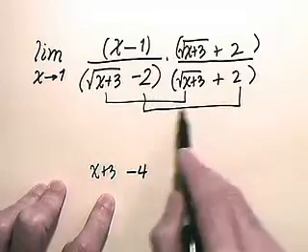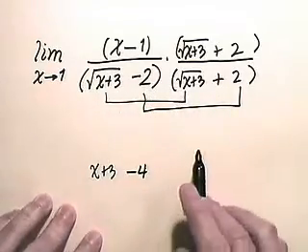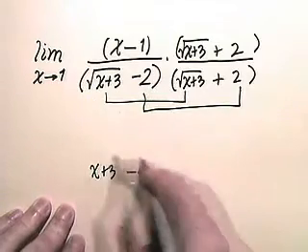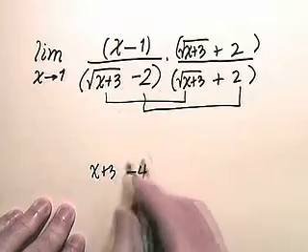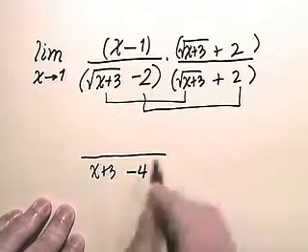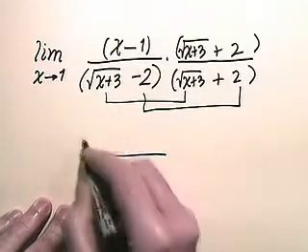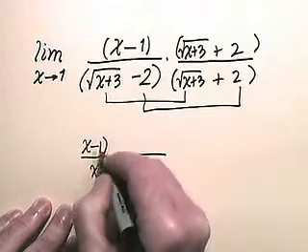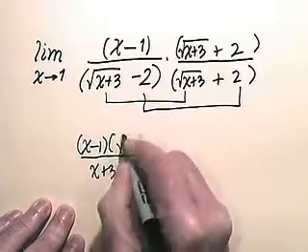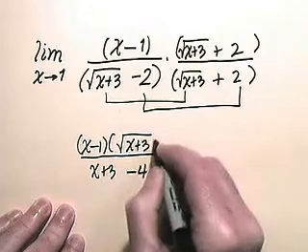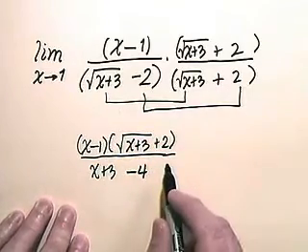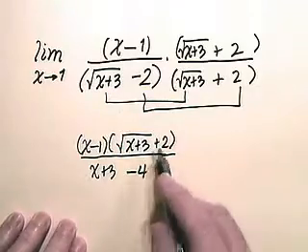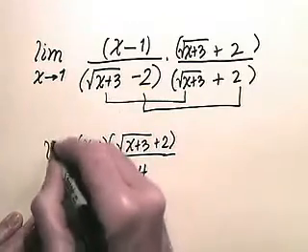What about the new numerator? Well, that's simply the quantity x minus 1 times the quantity radical x plus 3 plus 2. So that looks still a little complicated, and we have to take the limit as x approaches 1. But notice what happens when we simplify the denominator. x plus 3 minus 4 is simply x minus 1.